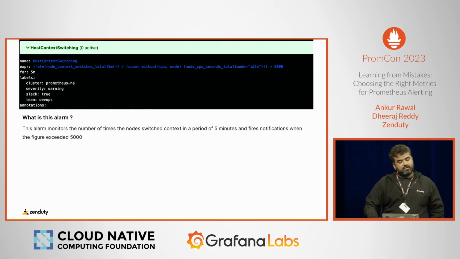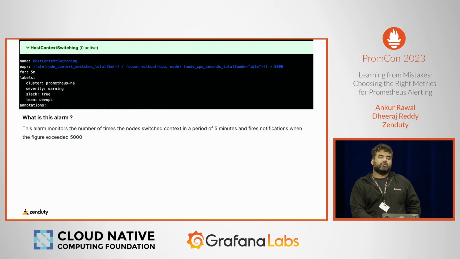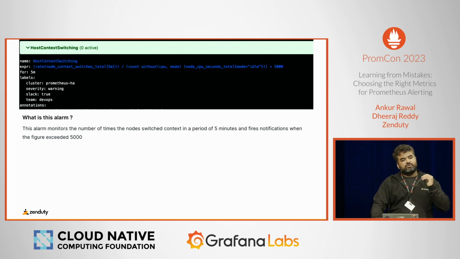Next would be high context switching. Context switching is where your CPU switches from one process, or where the thread counts are moving very frequently within your applications, right? When you are early in the stage of monitoring, you may not understand what kind of traffic you're getting and how your application is responding to these requests.